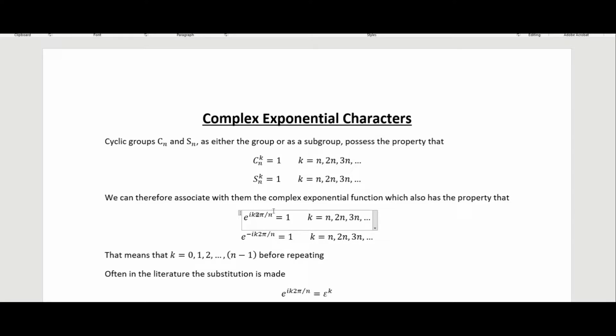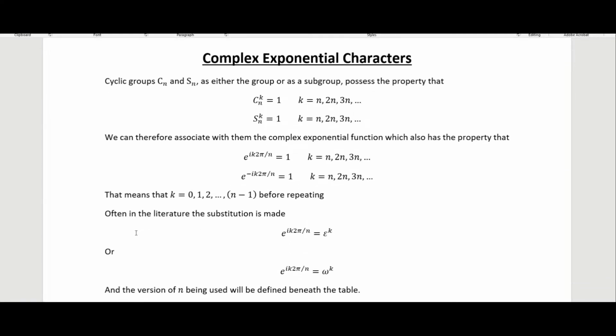But a -1 is a half rotation around the unit circle, and so that goes to -1. But if we put a 2 there, it becomes a full circle, and we get back to 1. So that means that k equals 0, 1, 2, all the way to n minus 1 will be members of these cyclic subgroups here.